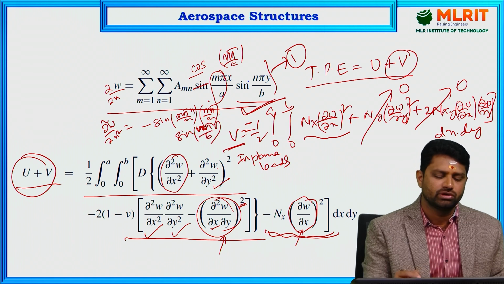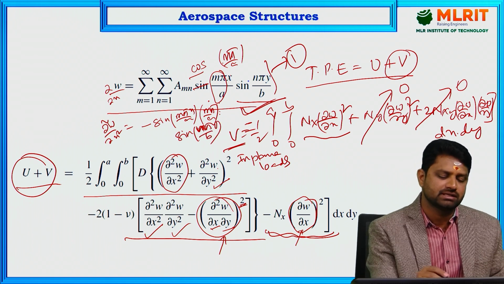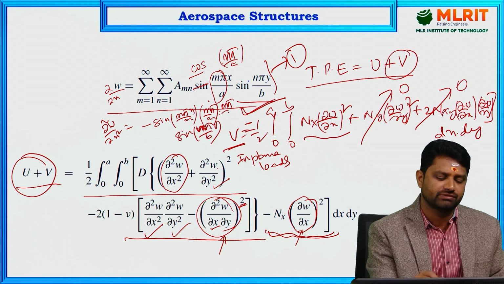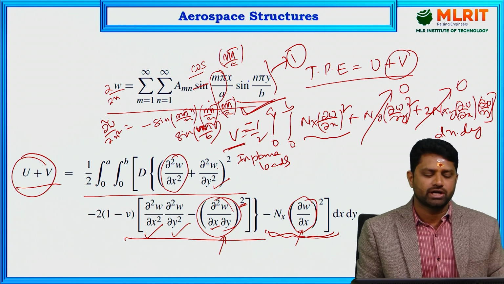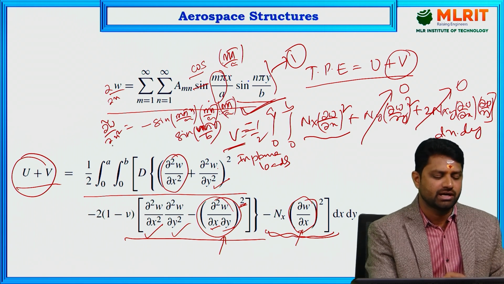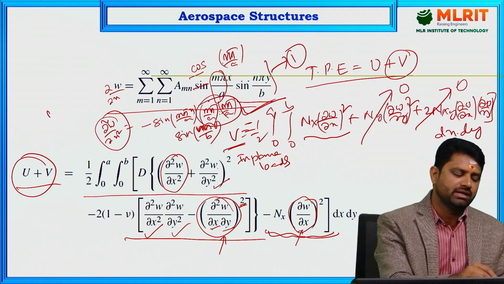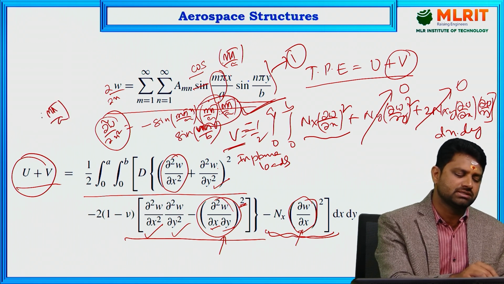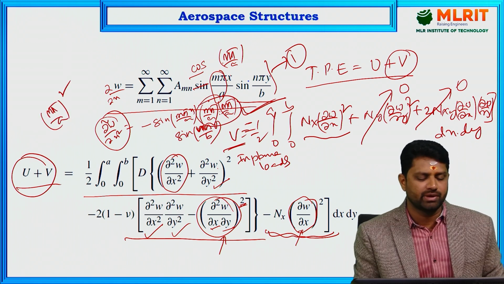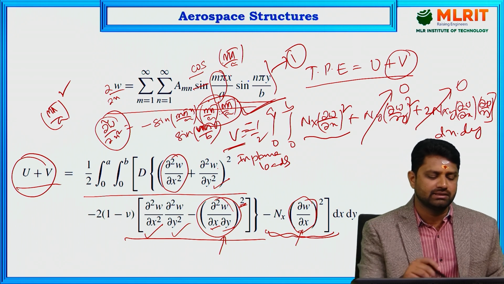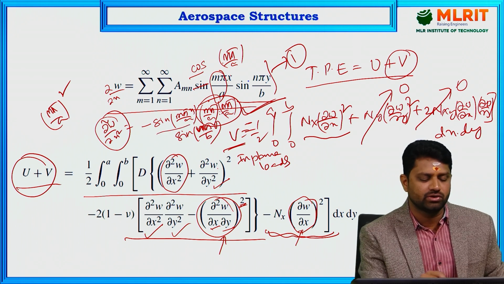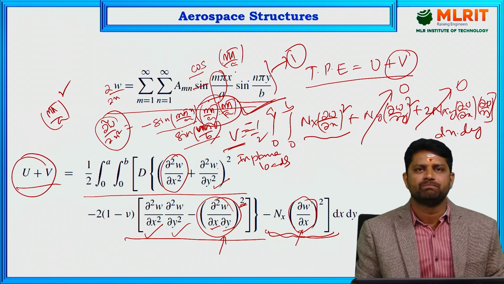And there is another m pi by a from the first differentiation. So when you look at dou square w by dou x square, you are going to get m pi by a whole square, and sine m pi x by a, sine n pi y by b, which is similar to w.